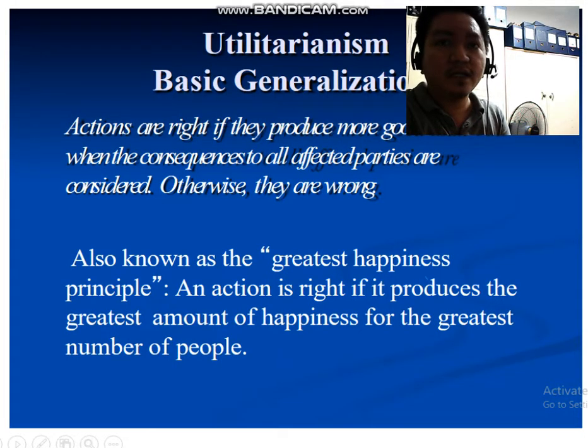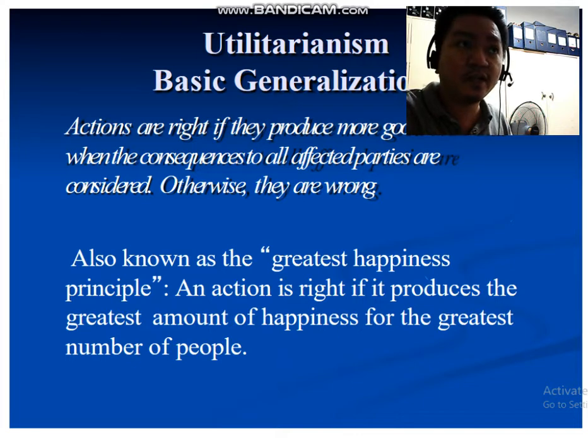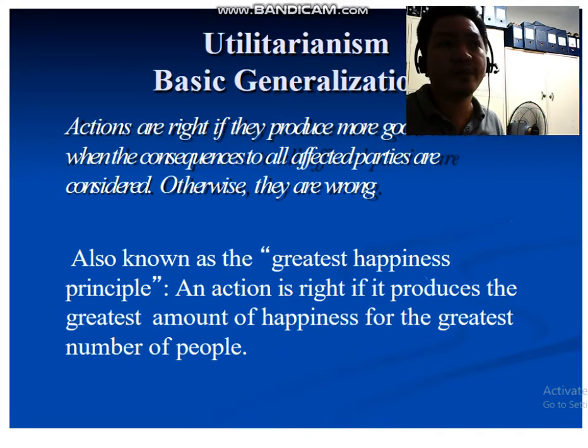So the basic concept or generalization of utilitarianism is that actions are right if they produce more good than bad, when the consequences to all affected parties are considered. Otherwise, they are wrong. This is also known as the greatest happiness principle.